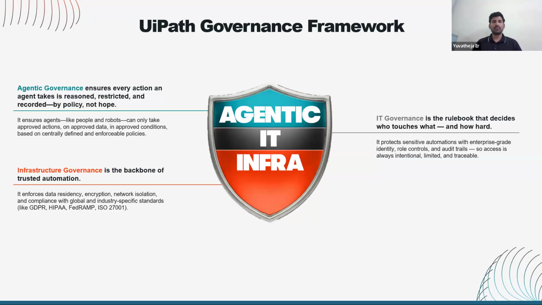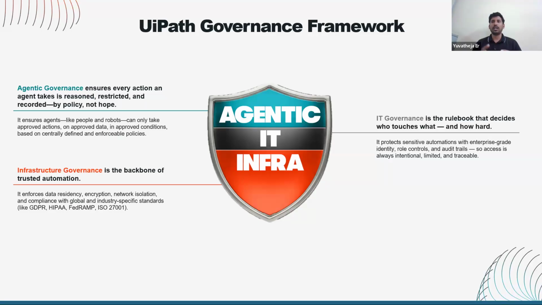Coming to the UiPath framework, we have agentic governance as the first thing in the framework, and you have certain backbones or foundations, which are your IT governance and infrastructure governance. When I talk about agentic governance, first you need to understand how plain vanilla RPA works. With RPA, we used to have governance or controls around it as well.